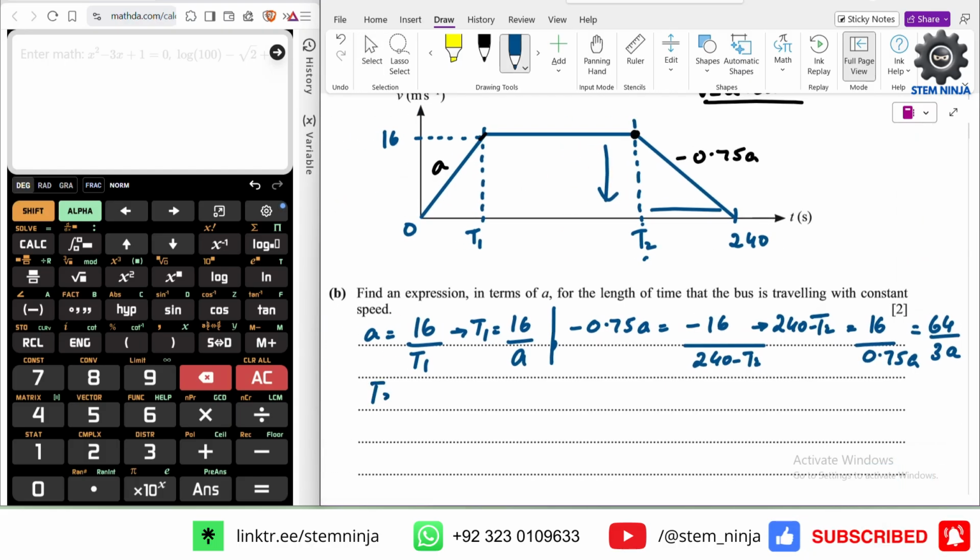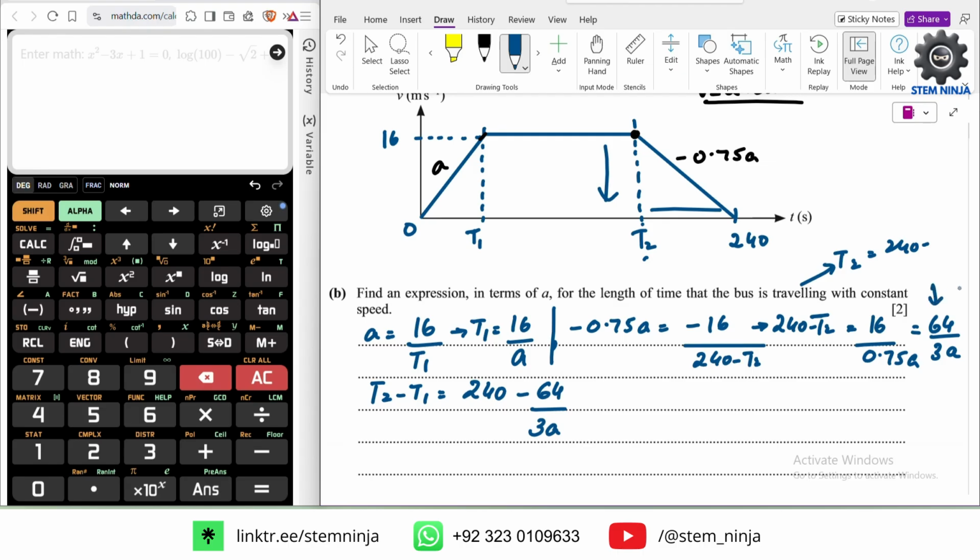So T2 minus T1 therefore would be, T2 would be 240 minus 64 over 3a. You see, just simple rearranging of this. T2 is 240 minus this thing, and then minus T1, which is 16 over a.